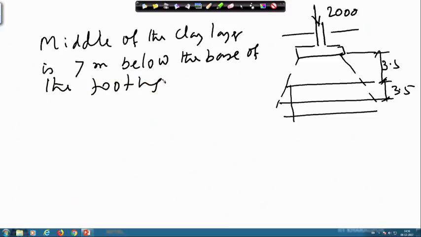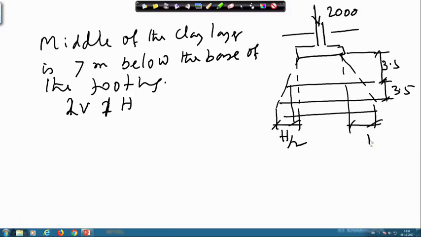If this happens, then when we do dispersion at this depth, we take one vertical, one horizontal, or two vertical and one horizontal. Then if it is 7 meter, in this direction it will be enlarged by h by 2, and this direction also h by 2, and this is equal to b.